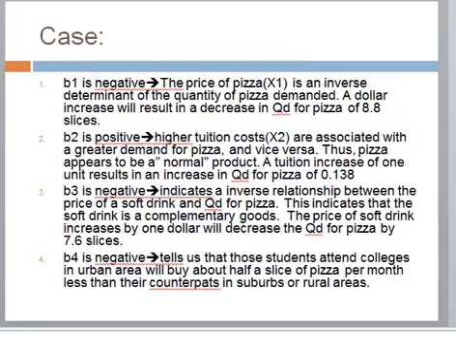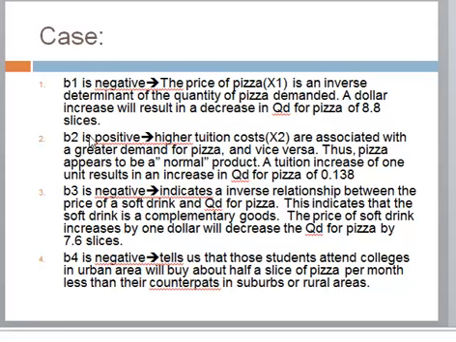So back to our equation, you find B1 is minus 0.087. It's negative. That means the price of pizza, x1, is an inverse determinant of the quantity of pizza demanded. So a dollar increase will result in a decrease in quantity demanded for pizza of 8.8 slices.